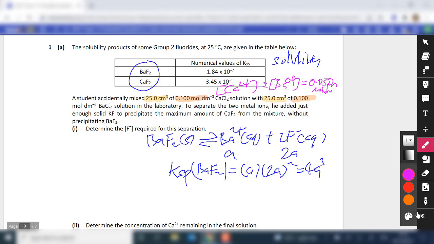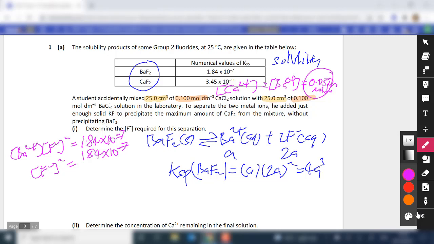Let us write out the same expression. Ba2+ multiplied by F- squared is equal to 1.84 times 10 to the power minus 7. You know that Ba2+ concentration is 0.050, so we substitute this in. Therefore, concentration of fluoride squared is equal to 1.84 times 10 to the power minus 7 divided by 0.050.